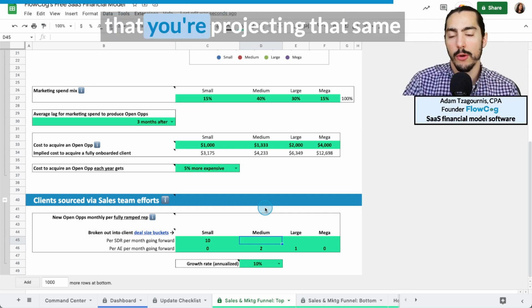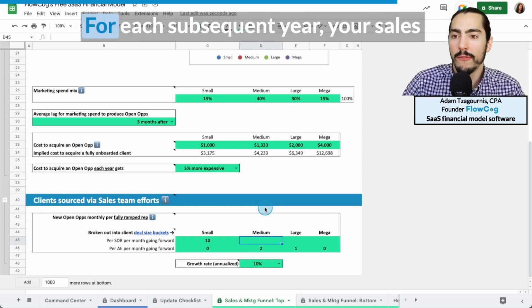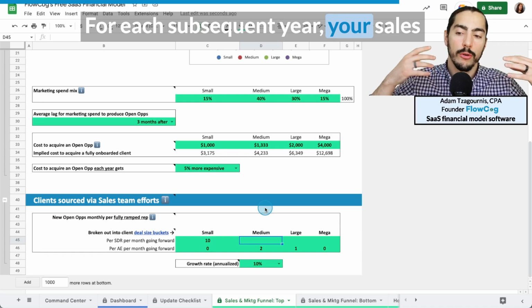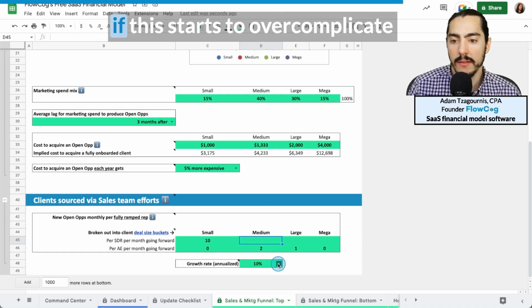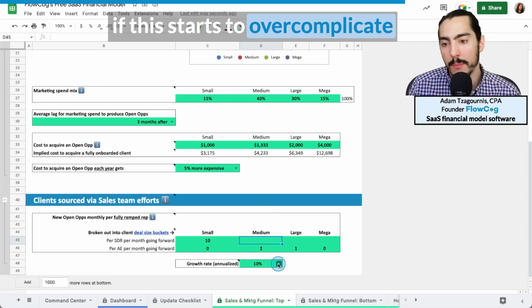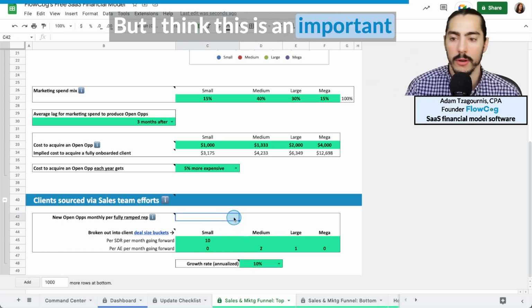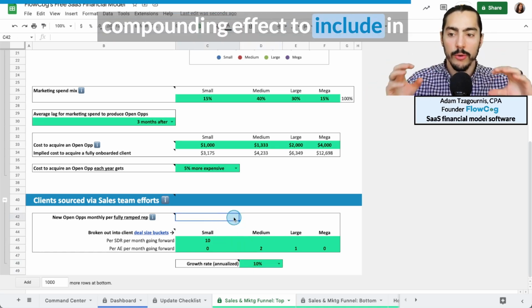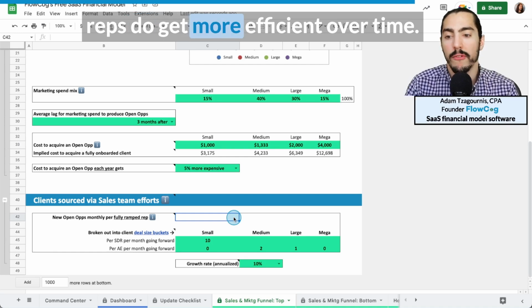The following year that you're projecting, that same SDR generates 11 opportunities. For each subsequent year, your sales reps should get some percent better. Again, if this starts to overcomplicate the picture or the story, you can always zero it out. But I think this is an important compounding effect to include in your model, because in reality, sales reps do get more efficient over time.